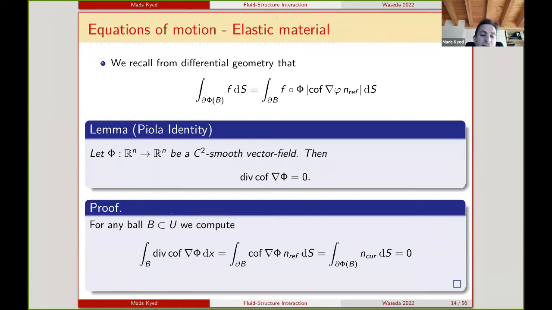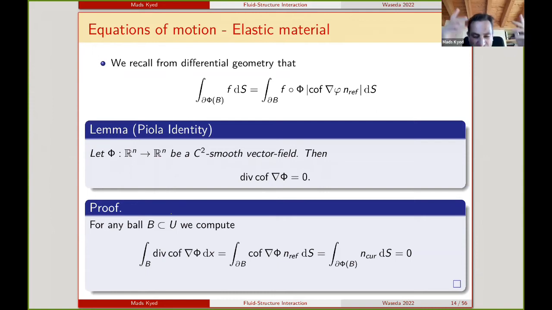And then if we recall the relation between the reference normal and the current normal, you obtain, after the change of coordinate formula, just the integral over the deformed boundary of phi b times the normal in the current configuration.